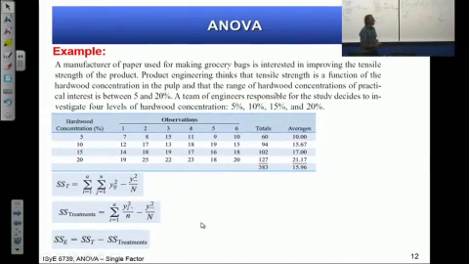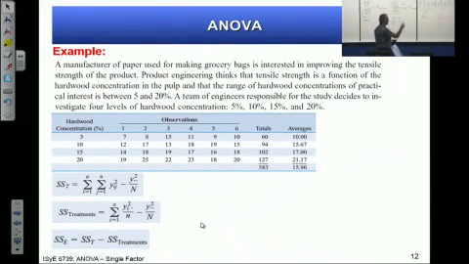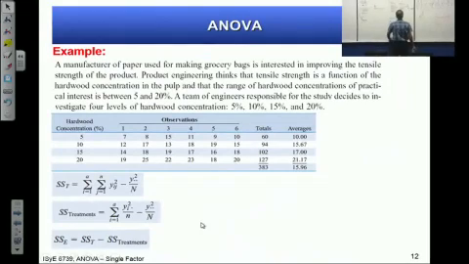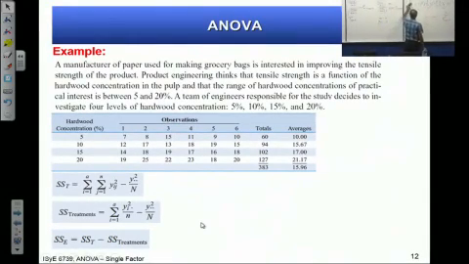So we have one example. That's the same example, hardwood concentration. We want to see if the level of hardwood concentration affects the tensile strength or not. I'm going to use this equation to find SS total and SS treatment, and based on that find SSE and complete the ANOVA table.